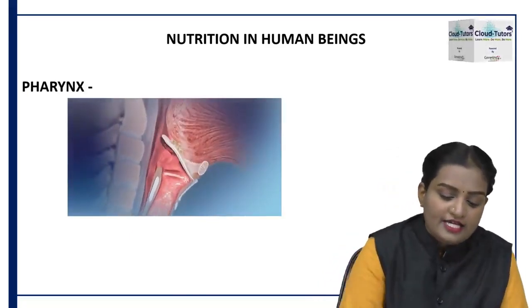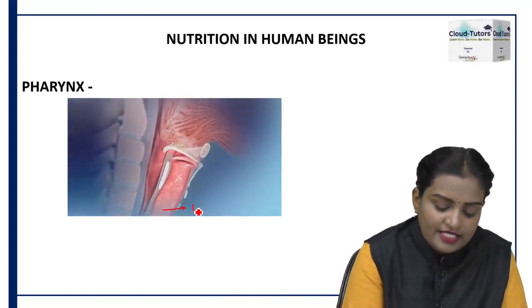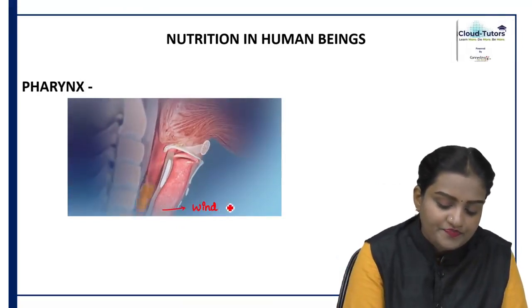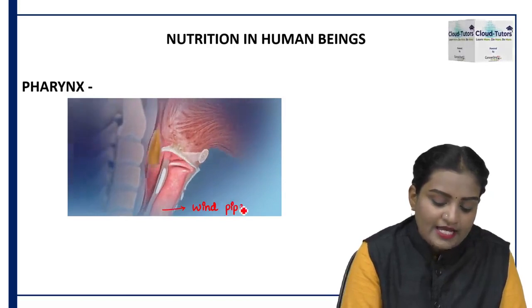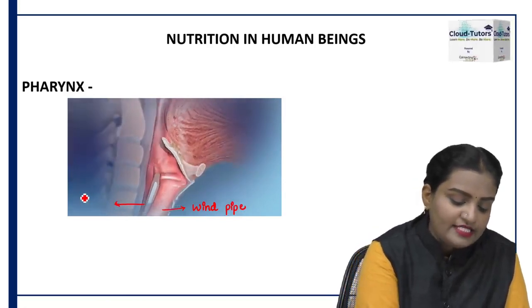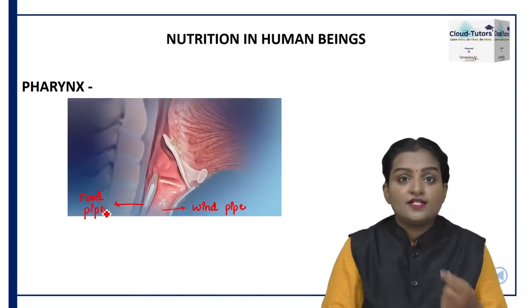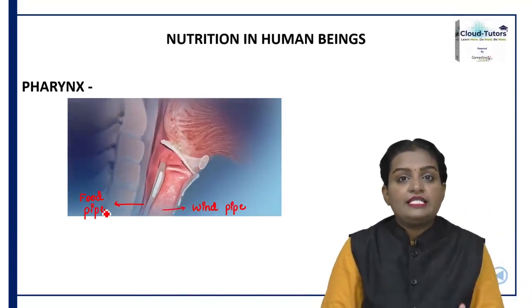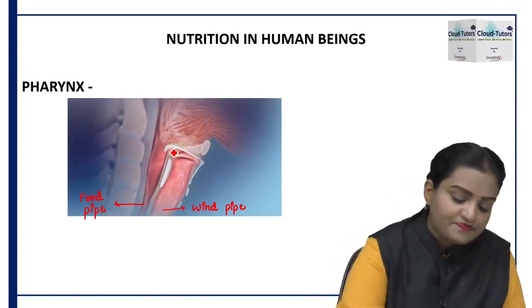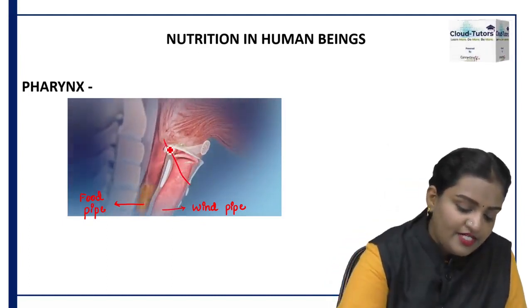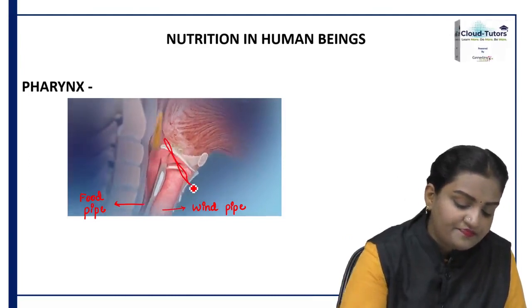Here you can see, so this, the front part, this is the windpipe, and back we have this one, this is the food pipe. So when we are swallowing, the food can accidentally go into windpipe, but this process is prevented by this white flap that you can see here, this one.